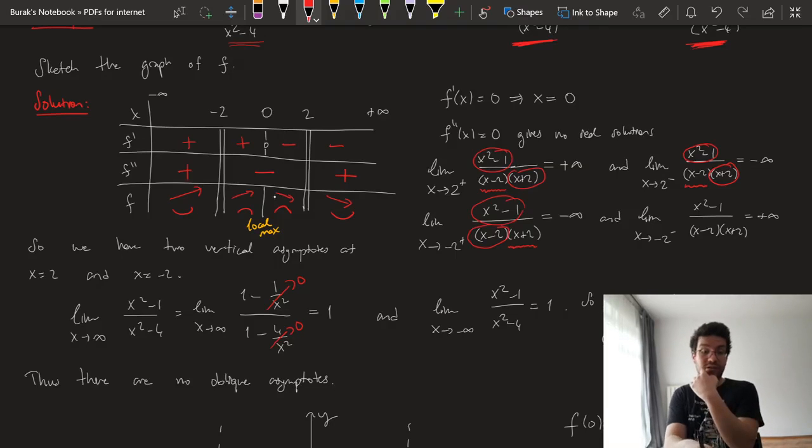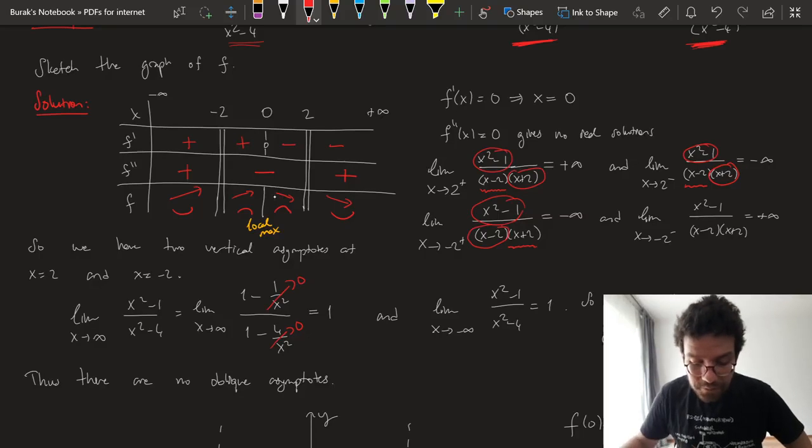The concavity changes at minus 2 and at 2 as well, but they are not inflection points because they are not in the domain of the function. Remember, in order for a point to be an inflection point, concavity should change, but also your function has to have a tangent line there. If minus 2 and 2 are not in the domain, there can't be any tangent lines there, so they are not inflection points, okay? Even though the concavity changes at those points.